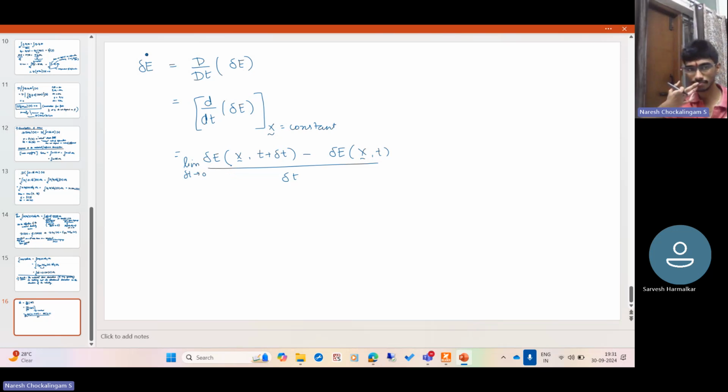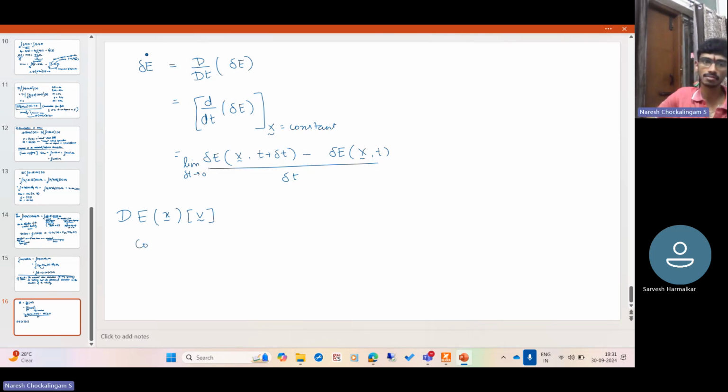Now take the directional derivative of E at any point in the direction of the velocity.